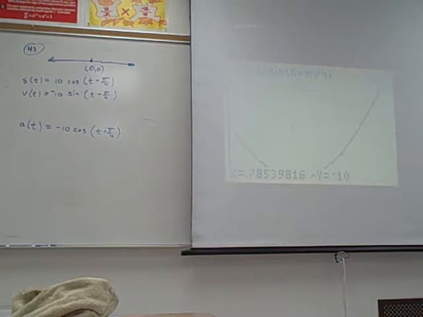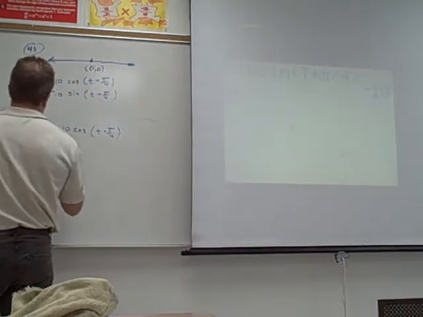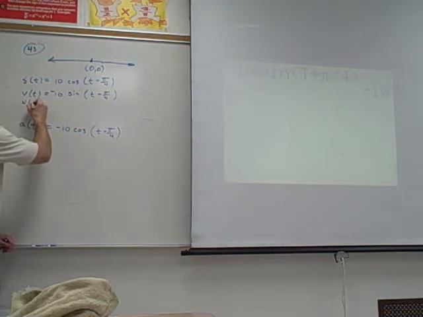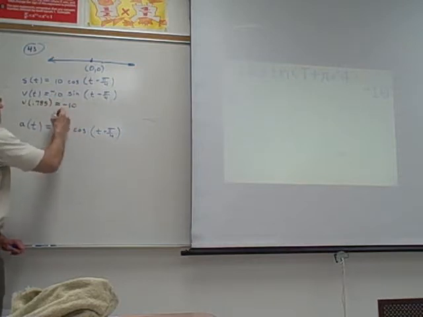The other way I could have done it, on my home screen, I just could have typed in negative 10 sine alpha t plus pi fourths. You see, we still get negative 10. So the velocity at that time, 0.785, I'm not going to write it all out, but it comes out to negative 10.